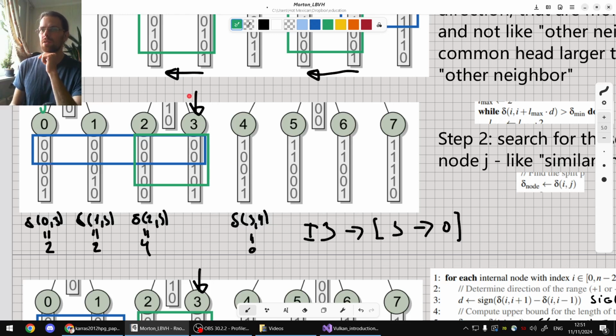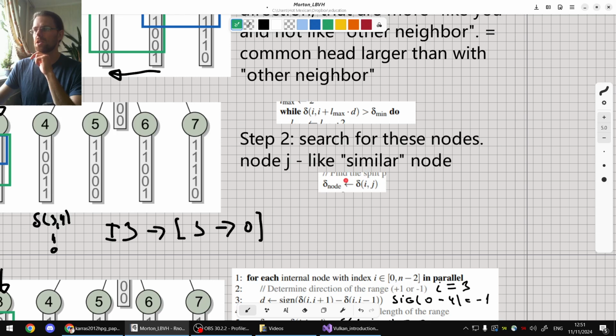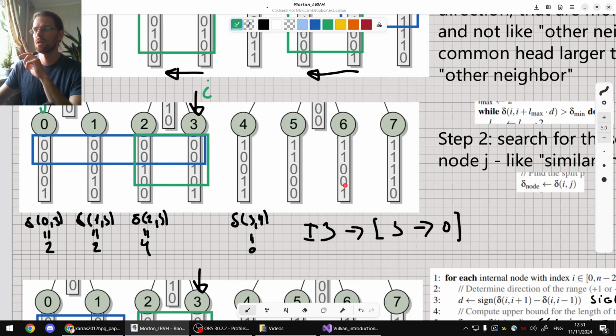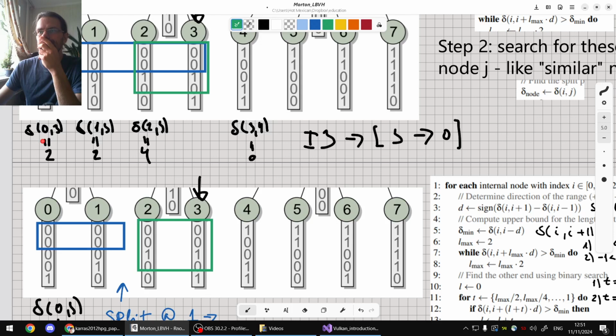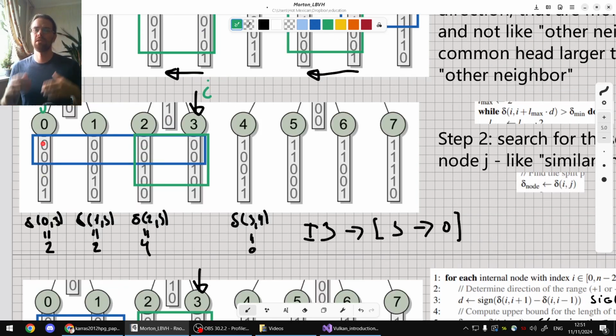We started from i, and we measure again how similar these nodes are. What's important here is that by this procedure we have established the bounds of the intermediate node 3, from i to j.